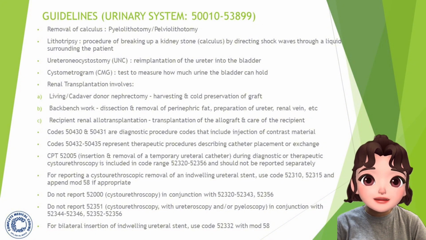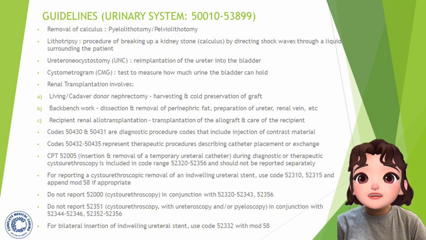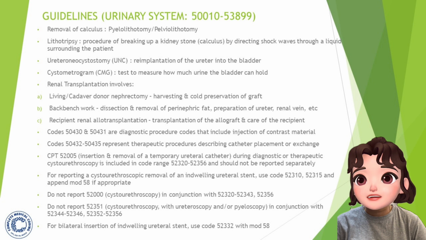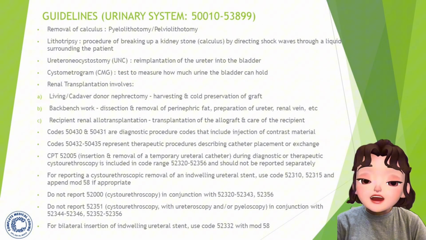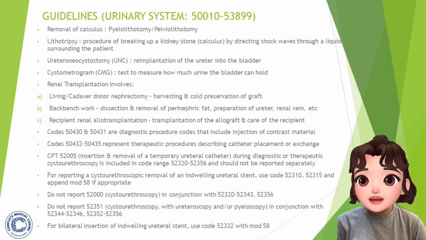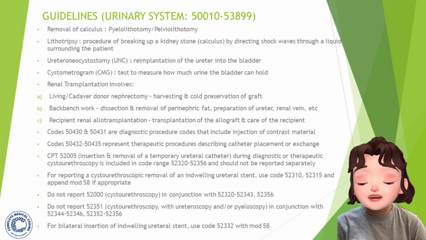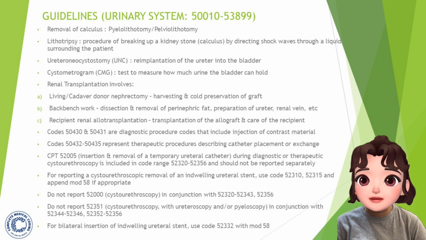Here it's renal transplantation, so it involves the same three procedures: living or cadaver donor nephrectomy, which includes harvesting and cold preservation of the graft; backbench work, dissection and removal of perinephric fat, preparation of ureter, renal vein, etc.; and finally recipient renal allotransplantation, which includes transplantation of the allograft and care of the recipient. So whatever transplantation procedure it is, these three procedures should be coded.